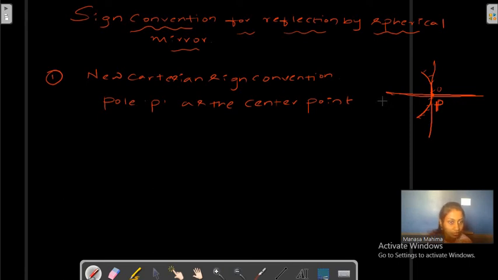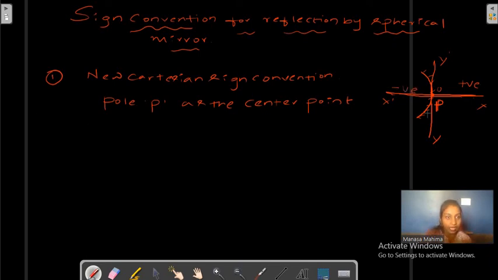And what have we studied? It has an x-axis and a y-axis. The right part of the x-axis is called positive, whereas the left part of the x-axis is called negative.